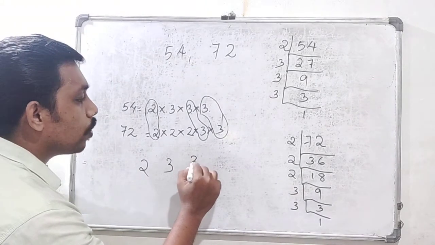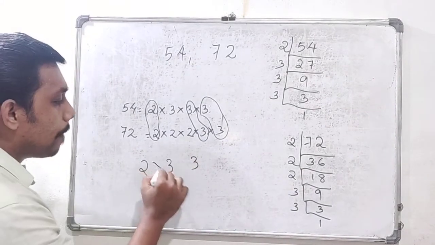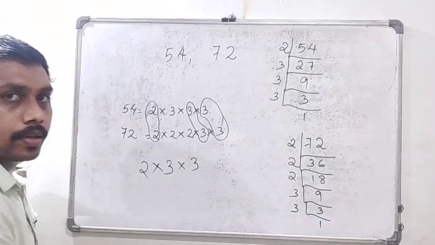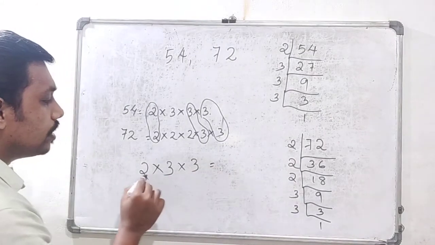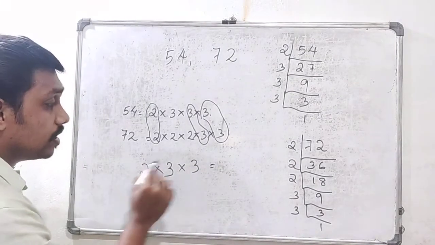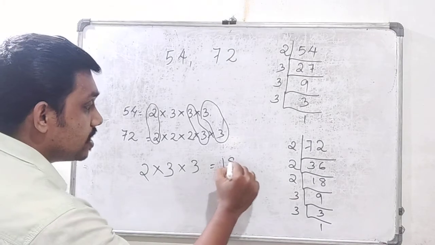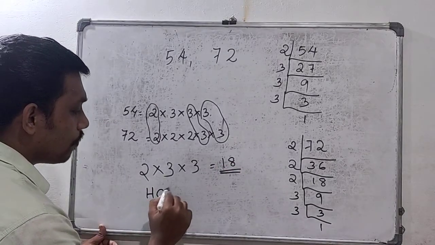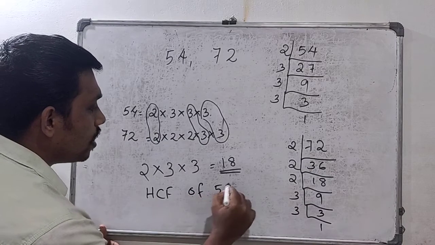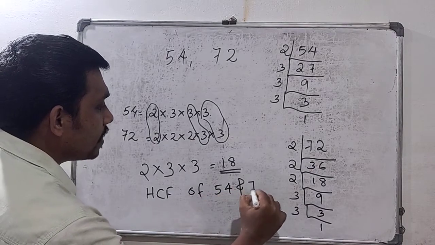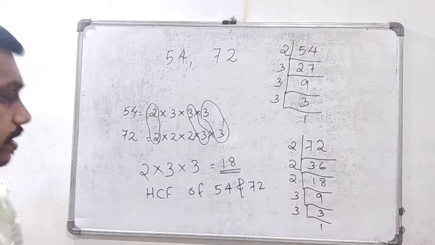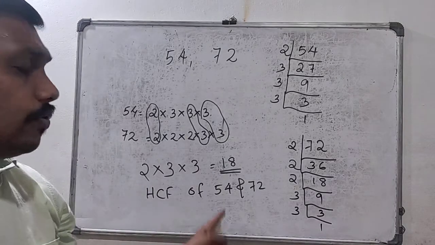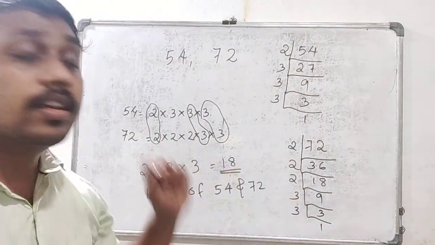So write those three factors and then multiply them. We get 3 into 2 is 6, 6 into 3 is 18. So this is the HCF of 54 and 72. This means the highest common factor of 54 and 72 is 18.